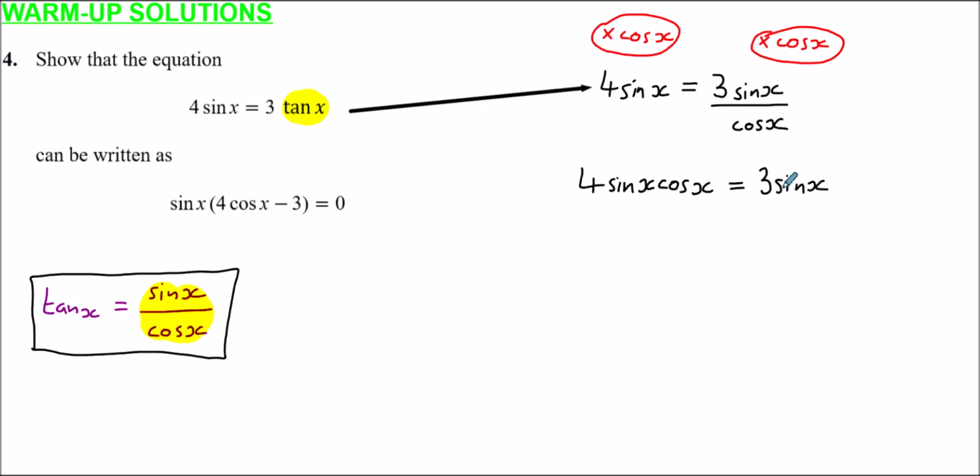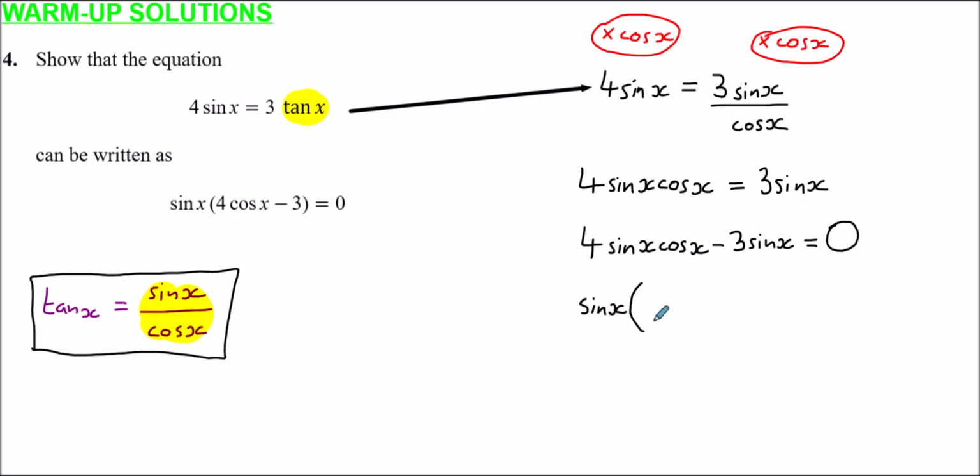If I now subtract 3 sin x from both sides, I get 4 sin x cos x minus 3 sin x equals 0. And now, because I have sin x, which is a factor, a part of both terms, I can factorise out sin x from both parts.